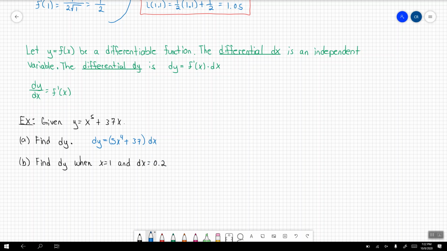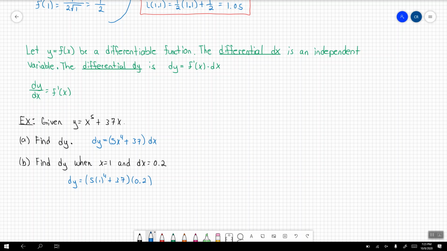So what we're going to have to do at this point is take that differential dy is equal to 5 times the quantity of 1 to the fourth plus 37, and multiply it by the change in x, which is given to us, which is 0.2.